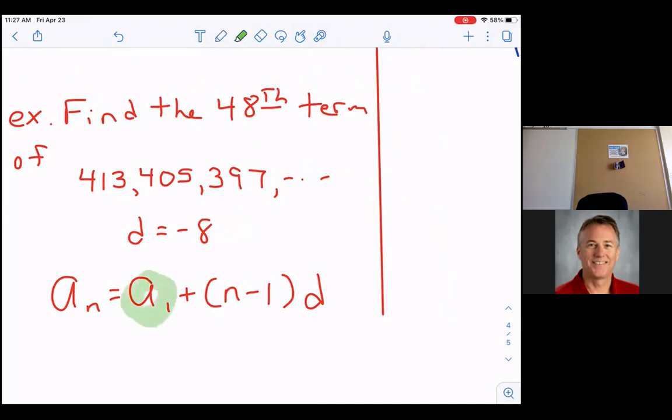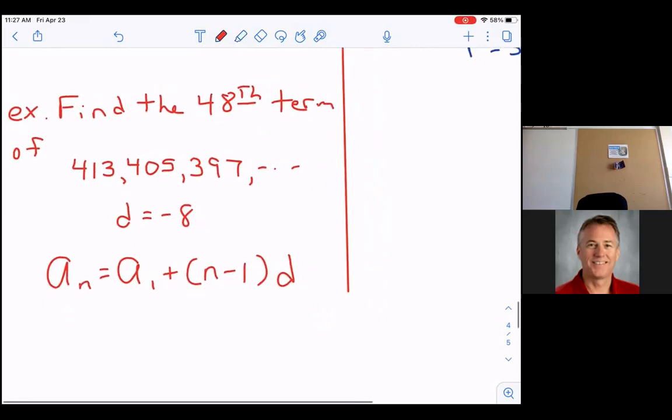A sub 1 means the first term. That is 413. D, we said, is -8. N is the term we're finding. That's 48.